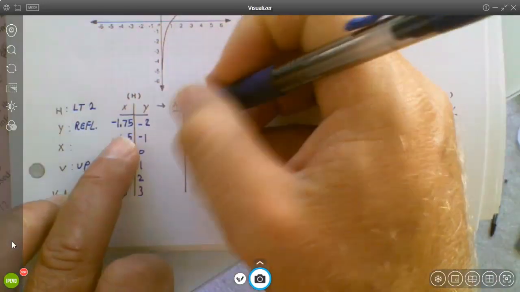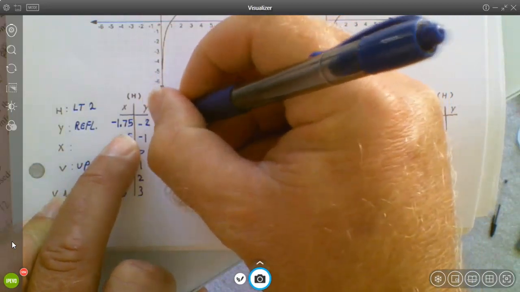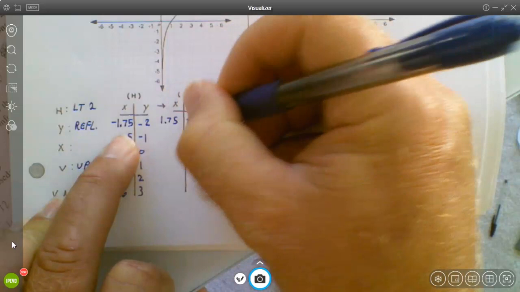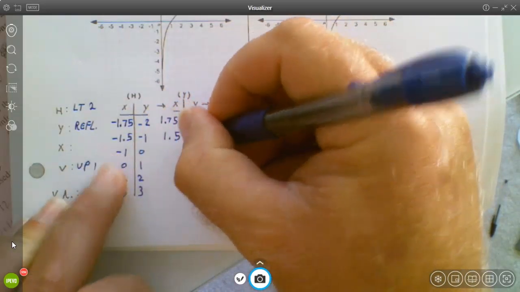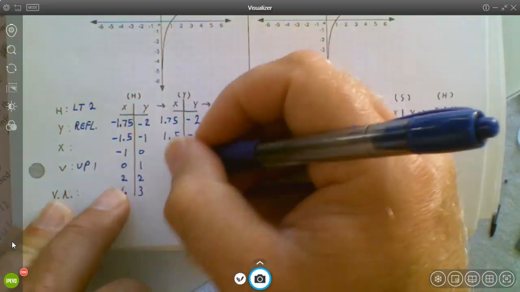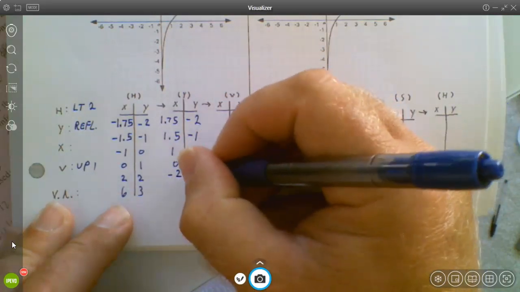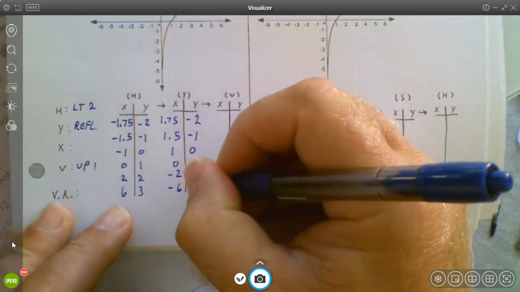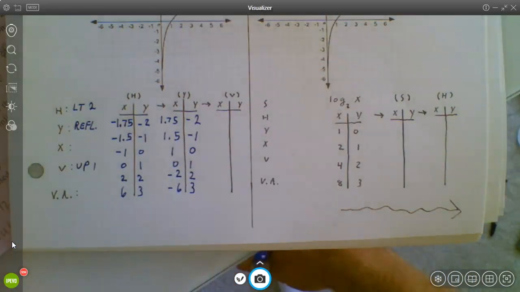So this guy would become positive 1.75, -2, 1.5, -1, +1, 0, 0, 1 would not change, -2, 2, -6, 3. So my x coordinates are changing signs so that we can reflect across the y-axis.